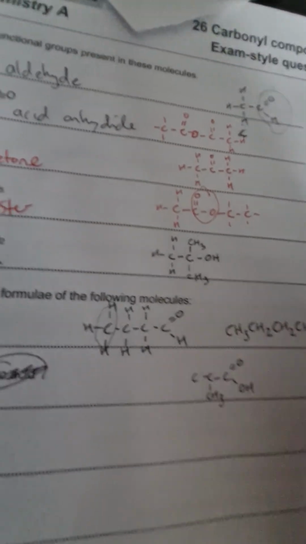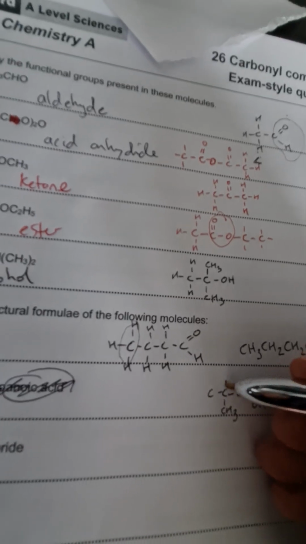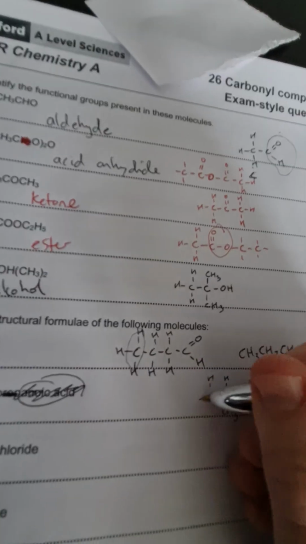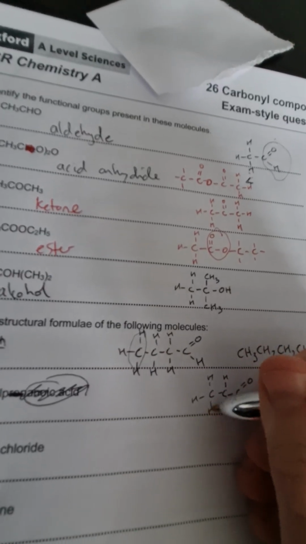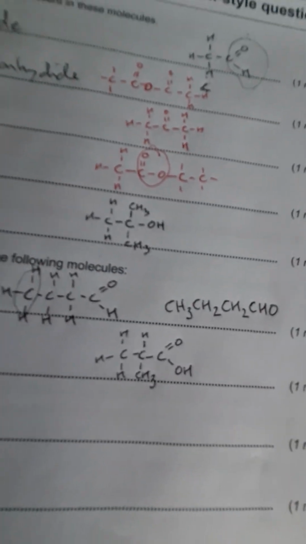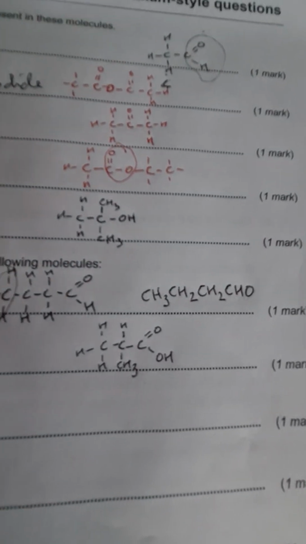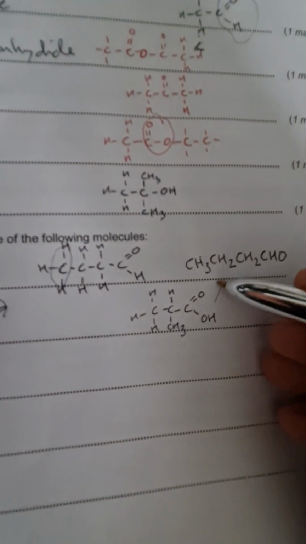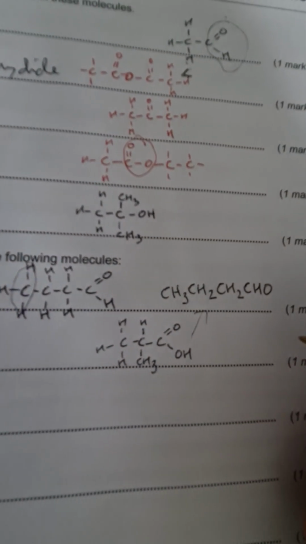Okay, and then now I make sure that everything is bonded to the right number of things. So I can notice that this carbon was 1 down, and then I need to add some H's onto there, and it all follows the rules, and we are okay there. I can actually convert that into this format now if I want to.